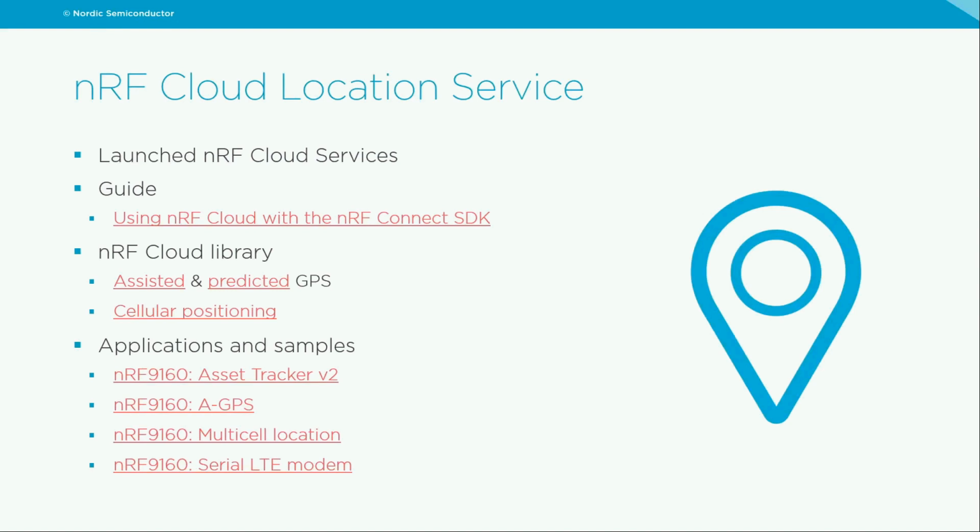There you can test out and try the assistance data from nRF Cloud. We also have a multi-cell location sample, which is using the cellular positioning service. And we have also added support for the nRF Cloud location services into the serial LTE modem application.